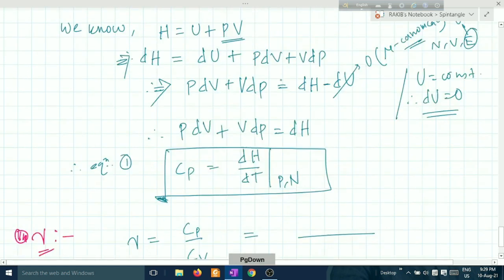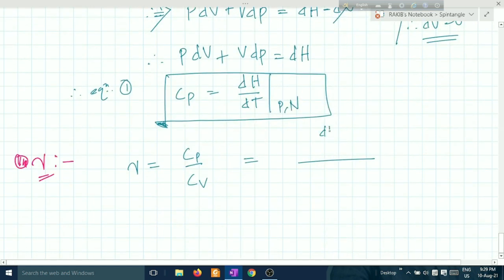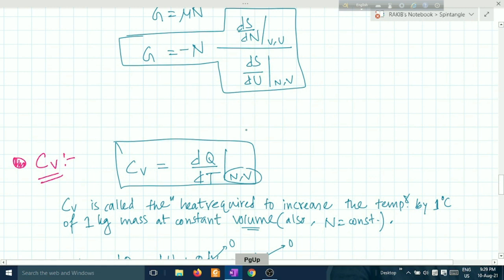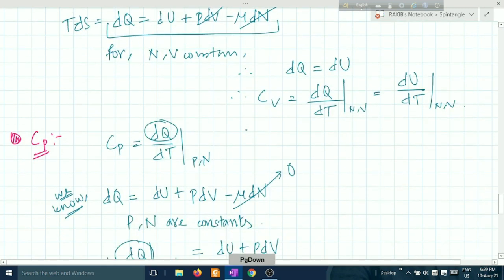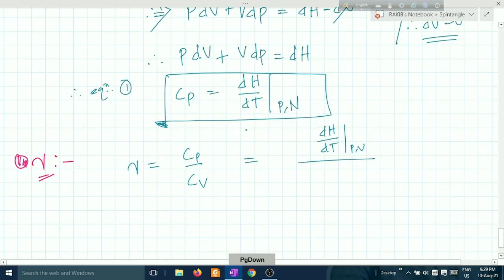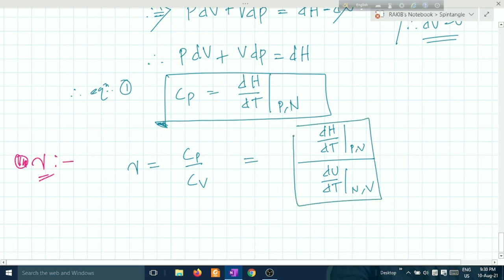Cp is dH by dT at P comma N constant. And our CV was dU by dT at N comma V. This is the value of gamma here. Okay, I think I am correct.